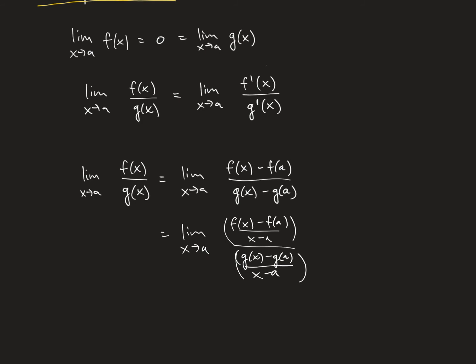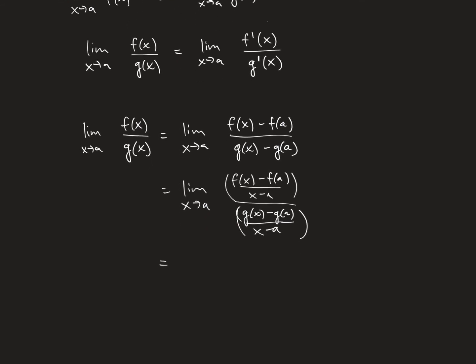And then that gives you the derivative at a on top and the derivative at a on the bottom. And if f prime and g prime are defined at a and continuous at a, then we can write this as the limit as x approaches a of f prime of x over g prime of x.